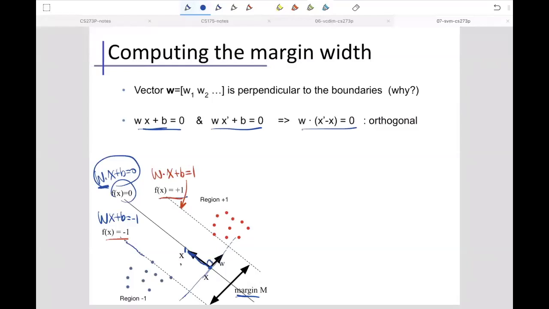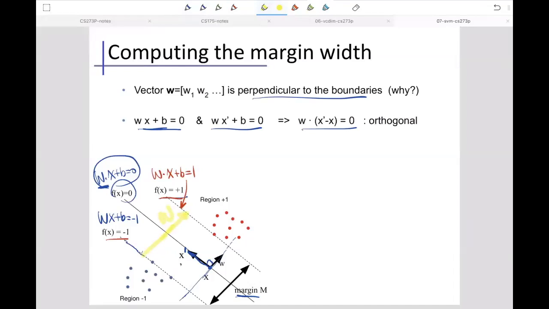And that's the reason w is a normal vector, a vector perpendicular to the boundaries. All right, so that's the first thing I want to do here. Whatever boundary I want to draw from here to here is going to be along the direction of w. So let's do this one here, along the direction of w.